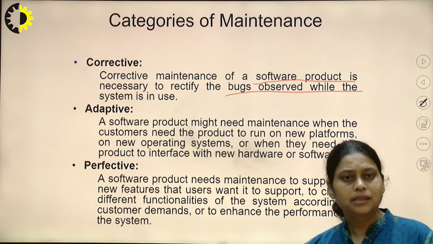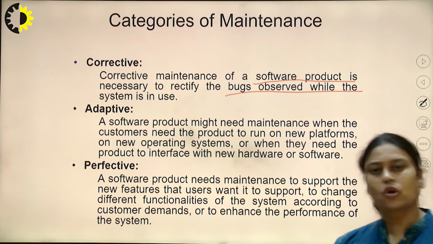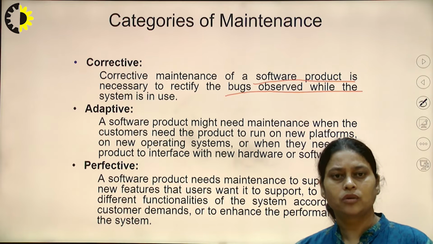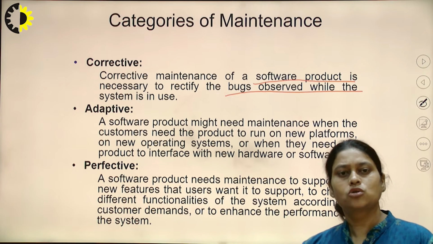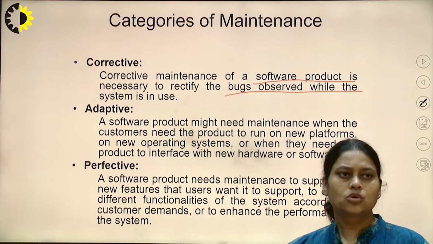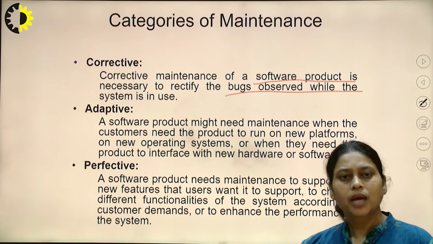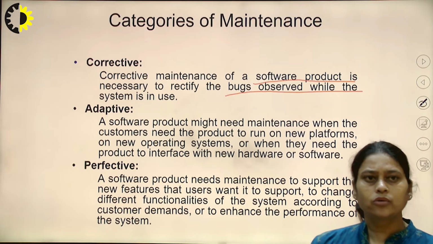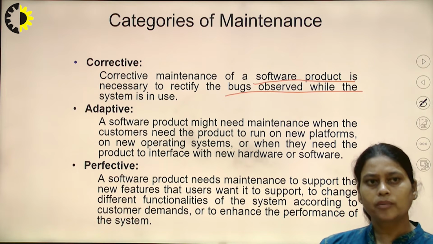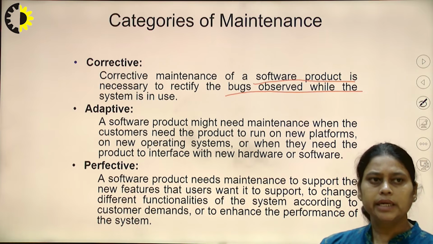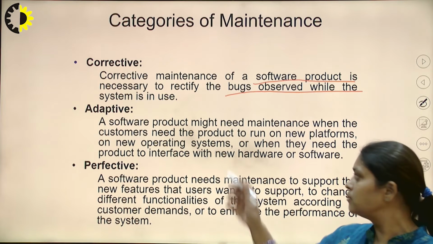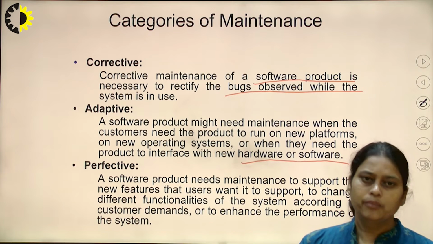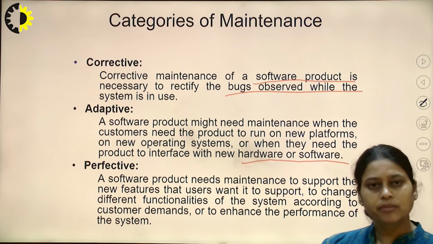In that case, there is no error in the existing software, but we want to port it to the new platform, so there is a need for maintenance. Such maintenance is called adaptive maintenance. A customer needs the product to run on a new platform or new operating system, or to interface with some new hardware or software, and that time there is a need for adaptive maintenance.